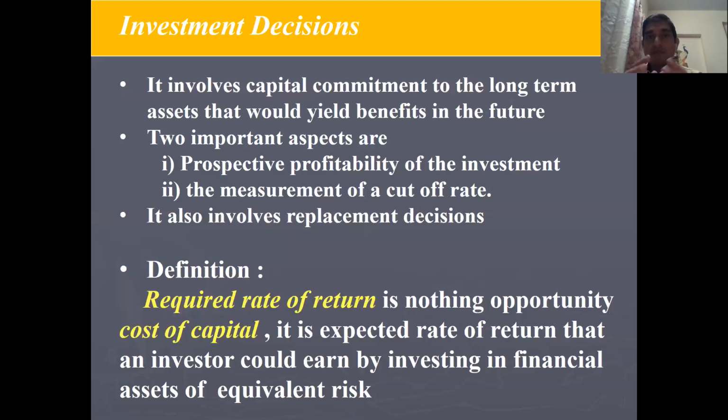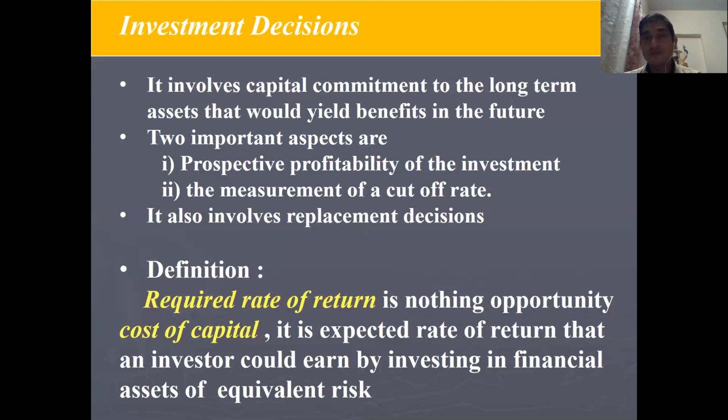Now suppose, instead of putting that into an FD, I have several options of investment. I evaluate them, I find the best investment option, and instead of putting the money in an FD, I invest it in that option, and I put in some effort generating the profits. At the end of all this exercise, if I don't get a rate of return higher than what the FD was giving me, then my whole exercise is useless.